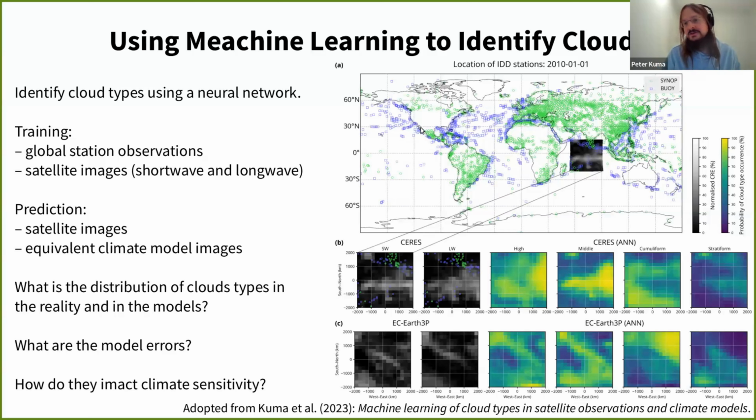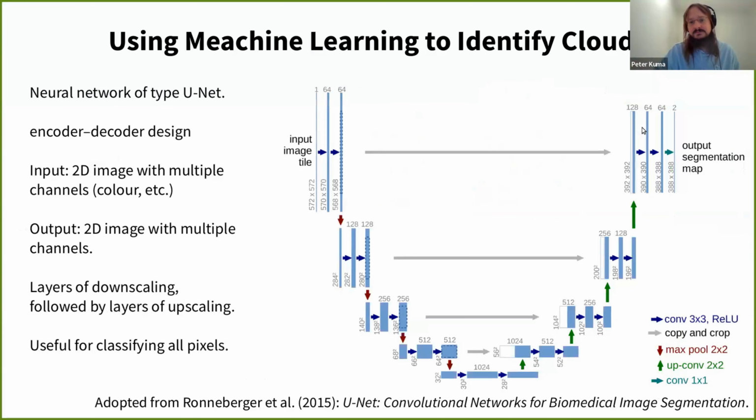And then we could train a neural network to be able to identify different cloud types inside the satellite image. And so the cloud types are initially identified by the observers at the stations. But then when we train the neural network, we can extend the classification to the whole globe because we have satellite images for the whole globe, whereas the stations are located mostly at certain geographical locations.